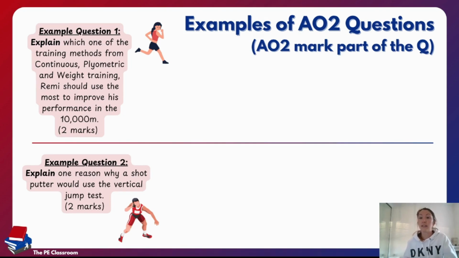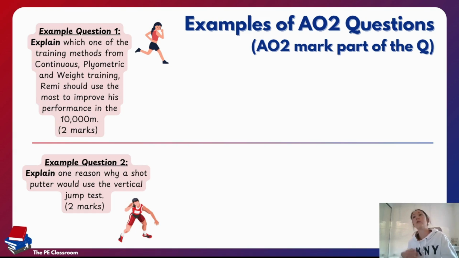So essentially this question is asking you which one is most relevant for a 10,000 metre runner. So you need to have knowledge of what these methods of training train for, but it's not asking you to describe them, it's asking you, okay, which one?